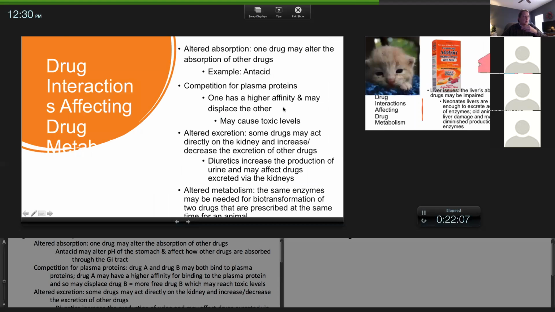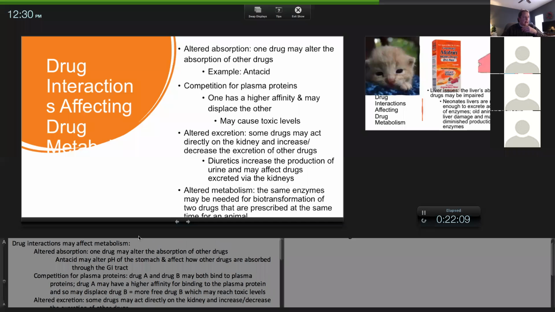Now, there is a note here about antacids. If the patient's on Pepsid, for example, that's changing the pH of the stomach. That's the job of the antacid, to decrease the acid. Well, if you change the pH of the stomach and then you need to give another medication, it can alter the way the other drug is absorbed in the GI tract.